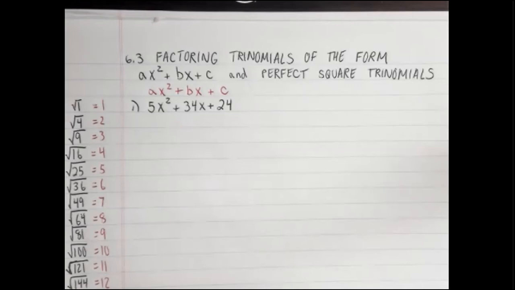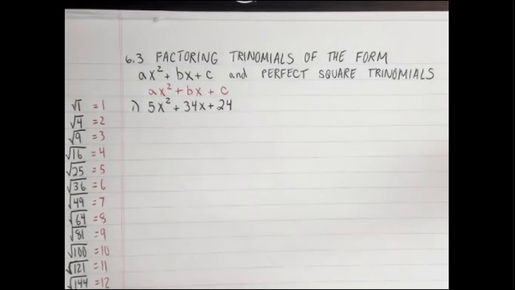The first thing you do is obviously look to see, is there a value that I can factor out? Is there a GCF I can factor out? In this case, there isn't. There is not a number that goes into 5, 34, and 24. So once we determine there's no GCF, we multiply our A value and our C value together.